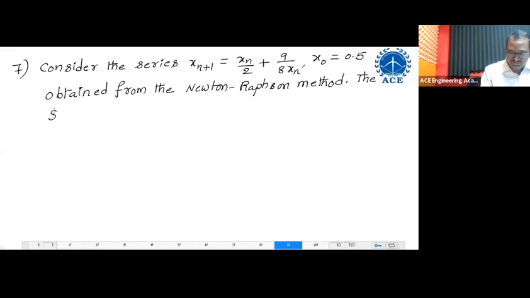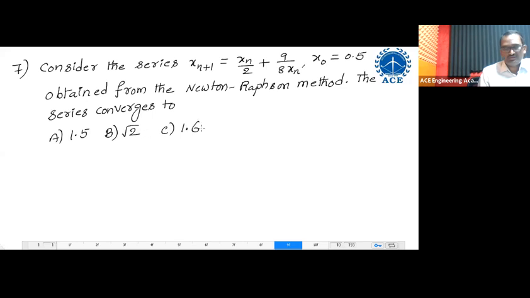This series converges to option A 1.5, option B √2, option C 1.6, option D 1.4.